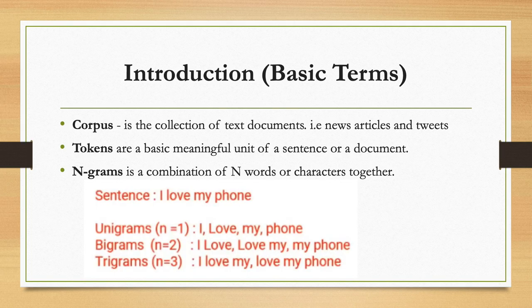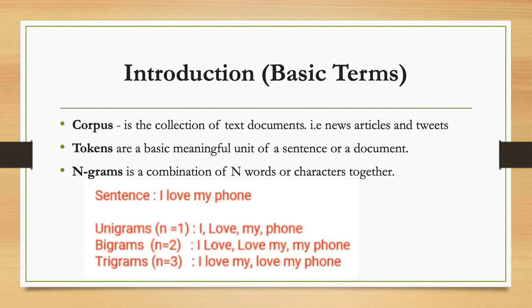Okay, just a short review of the basic terms about text normalization. What we'll be dealing with today is an example of a corpus. When we say a corpus, we refer to a collection of text documents such as news articles, tweets, and reviews.